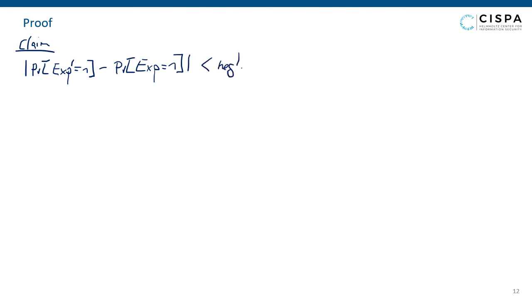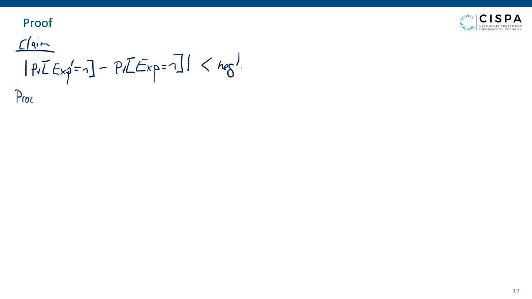Now I claim that the winning probabilities of A in Exp and Exp', in the unmodified and modified experiments, are essentially the same, or stated differently, the probability that A wins in Exp' minus the probability that the adversary wins in Exp is negligible.